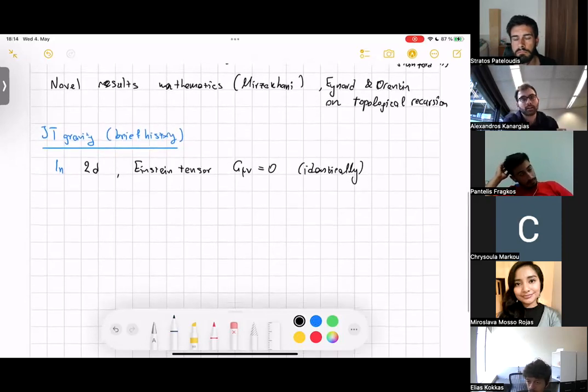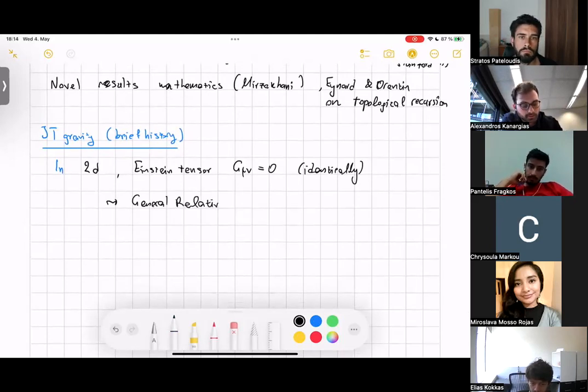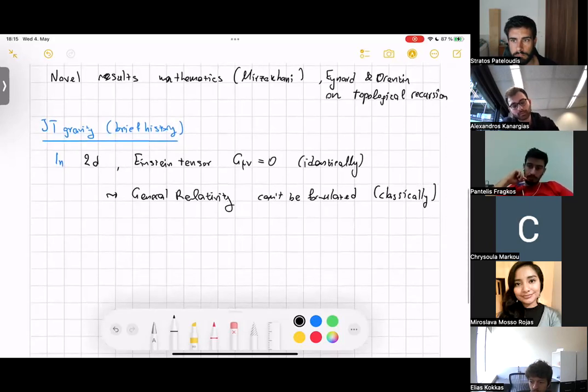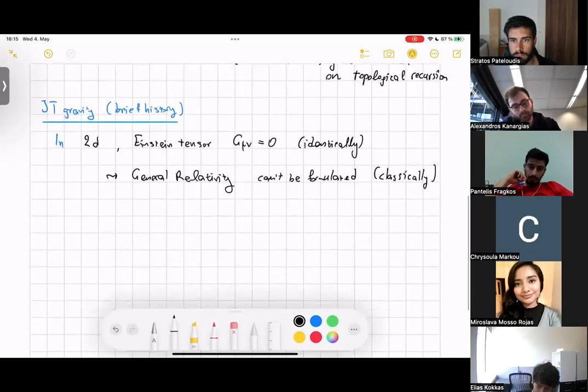This means that on the classical level there is a problem with formulating GR, general relativity, at least as we know. The regular Einstein-Hilbert term is a total derivative, so it gives you no dynamics. The Einstein-Hilbert term is a boundary term.